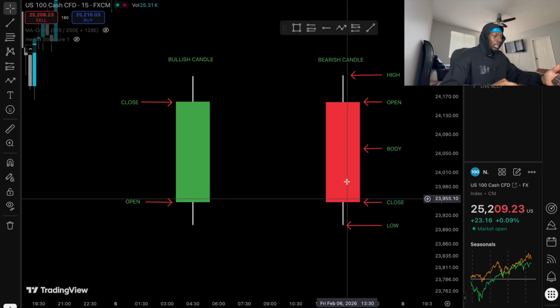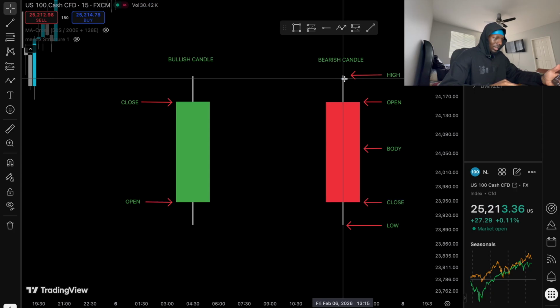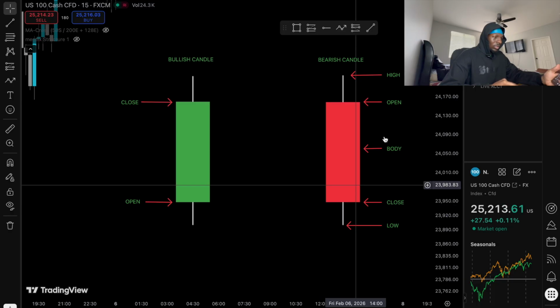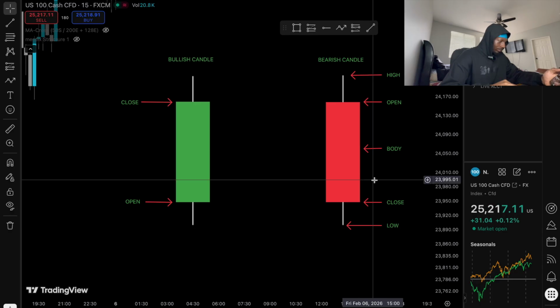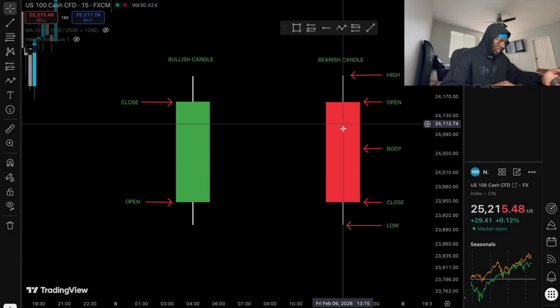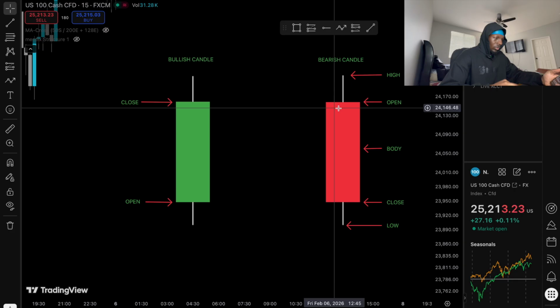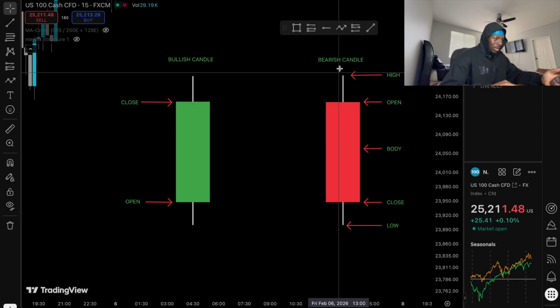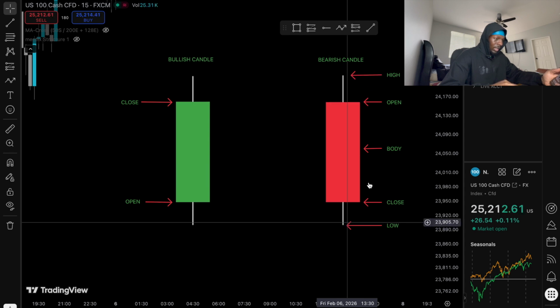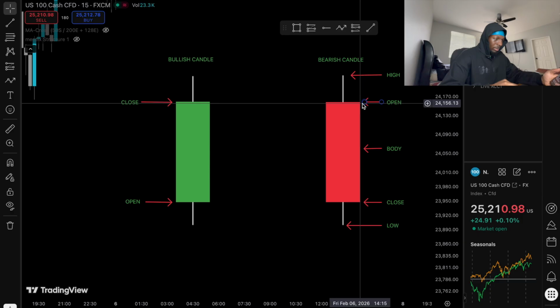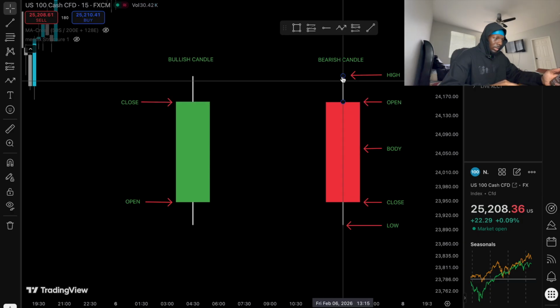Now these white lines right here, these are called wicks. You will see I marked them highs and lows. The wicks show the rejection, right? So the wick is how high price came and how low price got. So if the candle opened right here, that means the buyers took it up here.